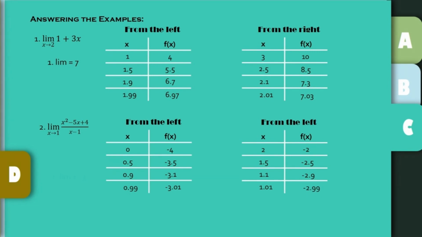Now both from the left and from the right, f of x is approaching a value. From the left, it is getting close to negative 3, and from the right, it is also getting close to negative 3. So the limit of x squared minus 5x plus 4 over x minus 1 as x approaches 1 is equal to negative 3.